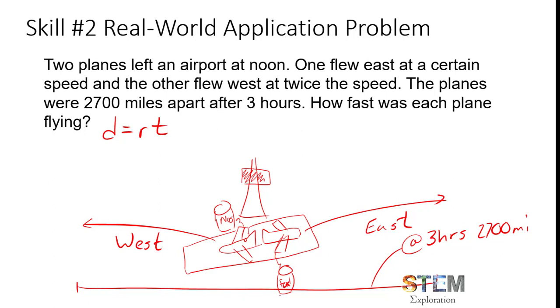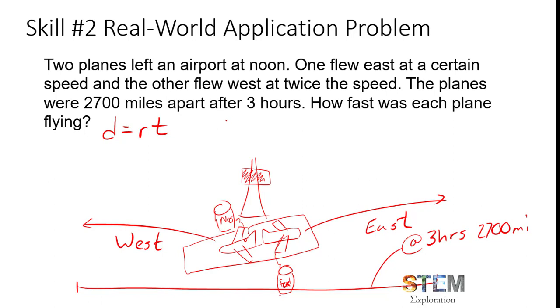So with that in mind, there's some things to take into consideration. If these two planes are 2,700 miles apart after 3 hours, we can figure out what the average rate is per hour.